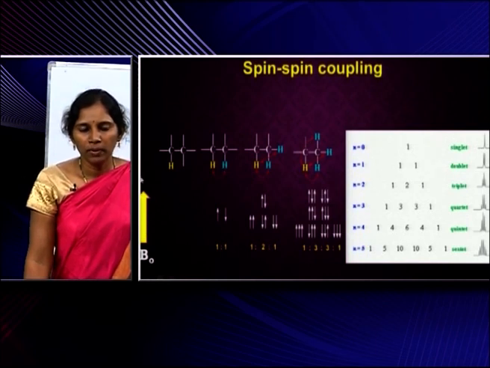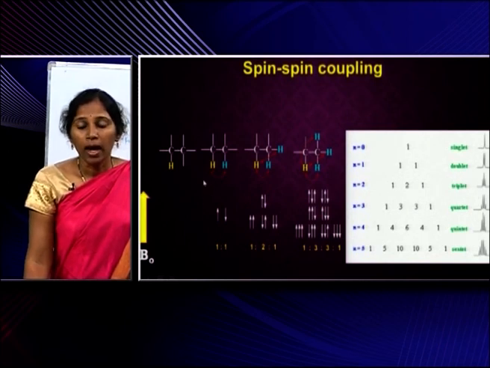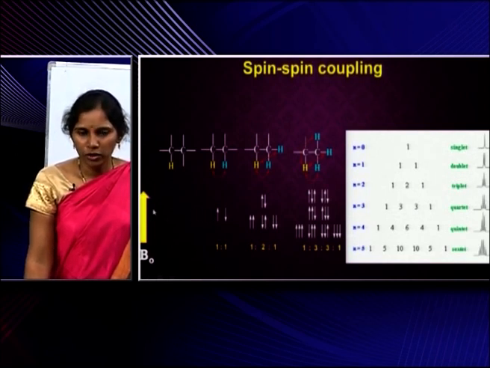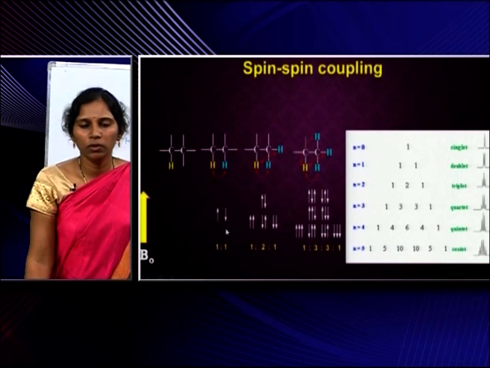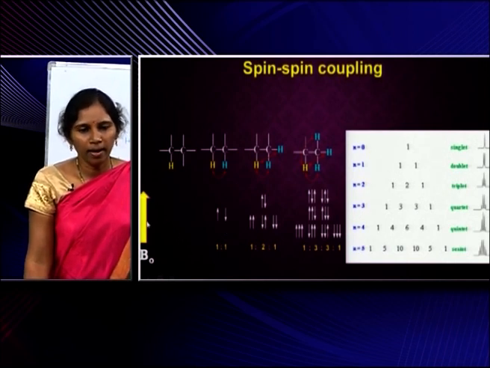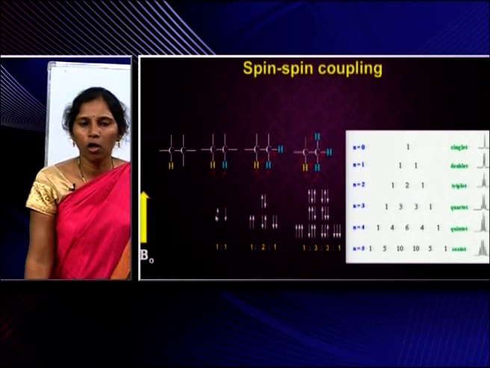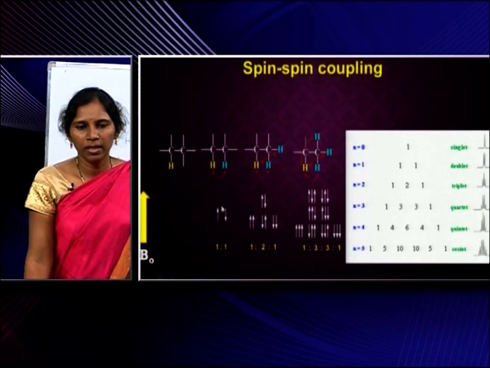Let us assume this B naught field strength is 30 units, and the induced magnetic field of the blue colored one is 1 unit. Here 30, here 1. The 1 unit of magnetic field strength may be along with the external field strength or opposing the field strength. Here I am saying 30 units, and if it is parallel or reinforcing, it will be strengthened by 1 unit, 30 plus 1.